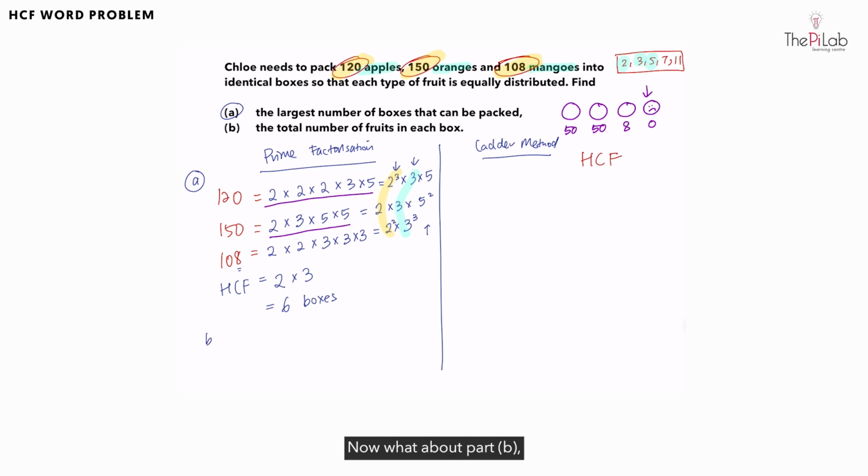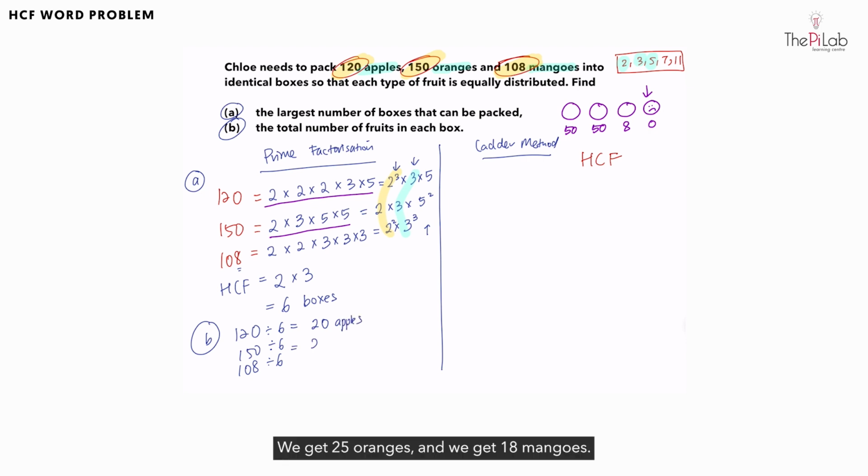Now what about part B? The total number of fruits in each box. In part B, all you have to do is to take the number of each type of fruit and divide it by 6. Okay, what do we get? We get 20 apples, we get 25 oranges, and we get 18 mangoes.